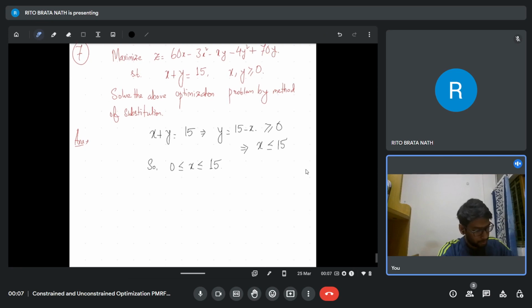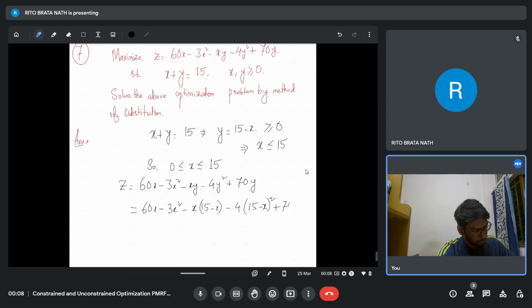And the objective function becomes z equals 60x minus 3x squared minus 6y minus 4y squared plus 70y. So this is 60x minus 3x squared minus x times (15 minus x), minus 4 times (15 minus x) squared, plus 70 times (15 minus x).